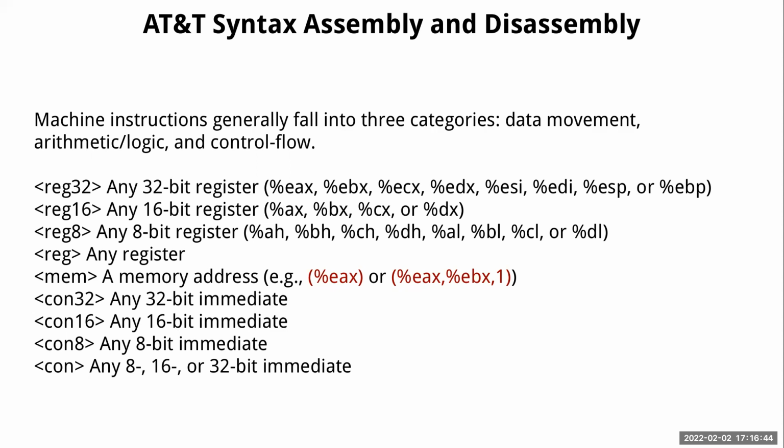Or arithmetic logic instructions. They do the computation. They add something, multiply something, divide something from something. Then there are control flow instructions. They control how the program executes the next instruction.